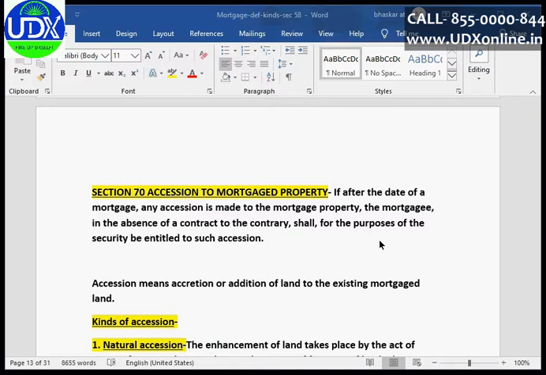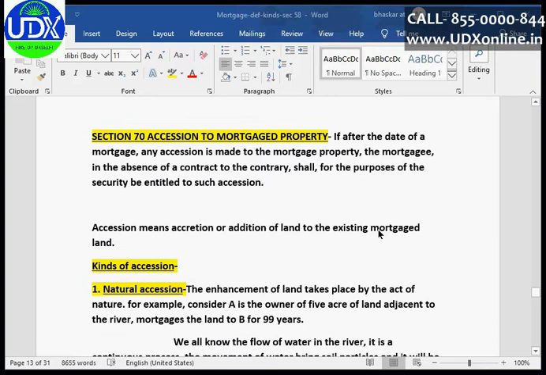So, Milind, can you repeat what I have taught you in section 63? Accession to mortgaged property. Yes, sir. Can you explain for 10 minutes, if you have notes with you?